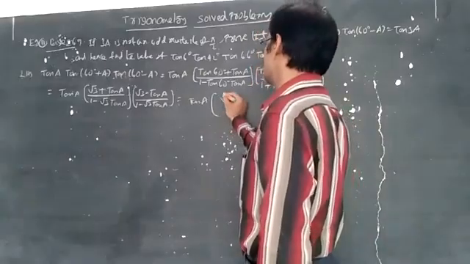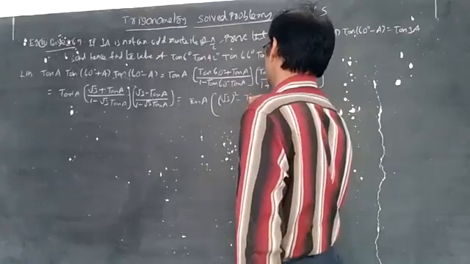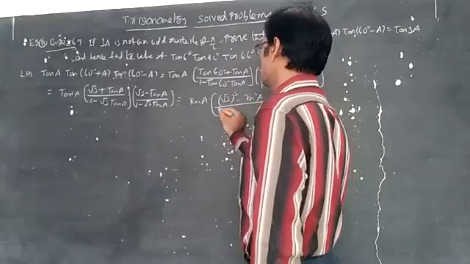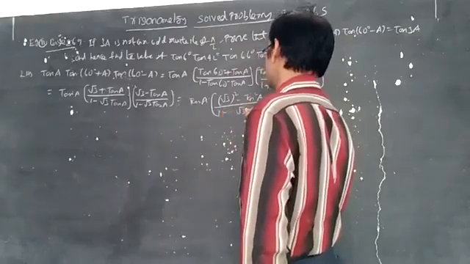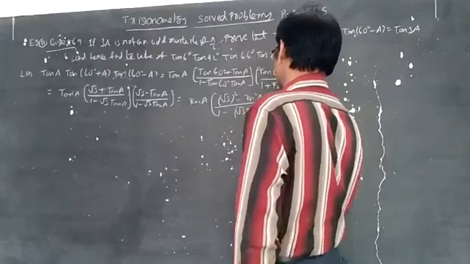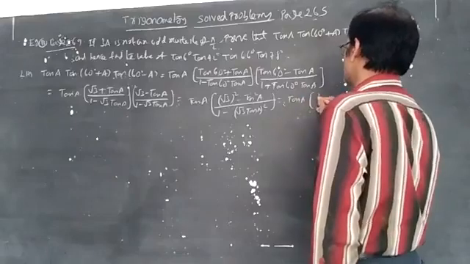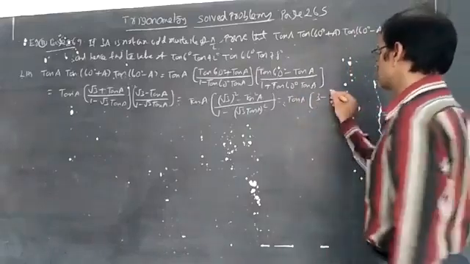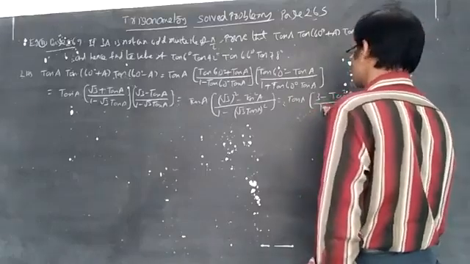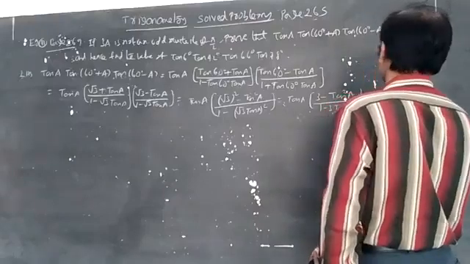So root 3 whole square minus tan square a, whole by 1 whole square minus root 3 tan a whole square. That is equal to tan a into root 3 whole square becomes 3, 3 minus tan square a whole by 1 minus 3 tan square a.